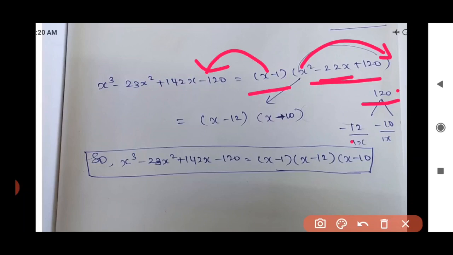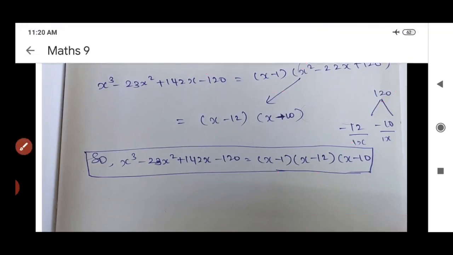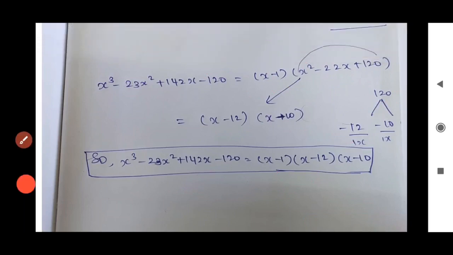So x minus 12 into x minus 10. So in the given polynomial x cube minus 23x squared plus 142x minus 120, x minus 1 into x minus 12 into x minus 10. So the three are factors of the given polynomial. The given polynomial is a cubic polynomial, so you apply this method. Example 15.